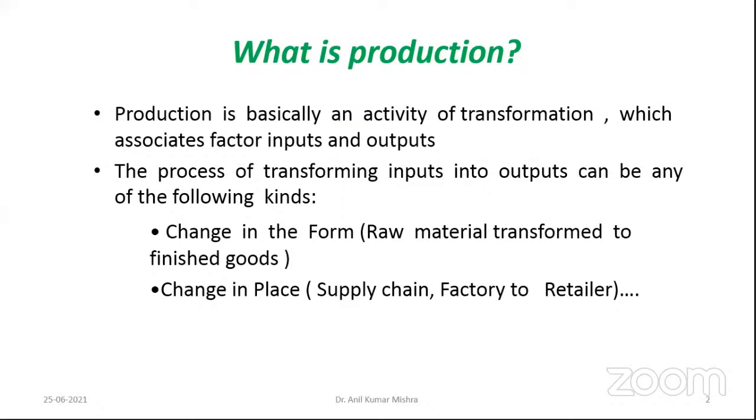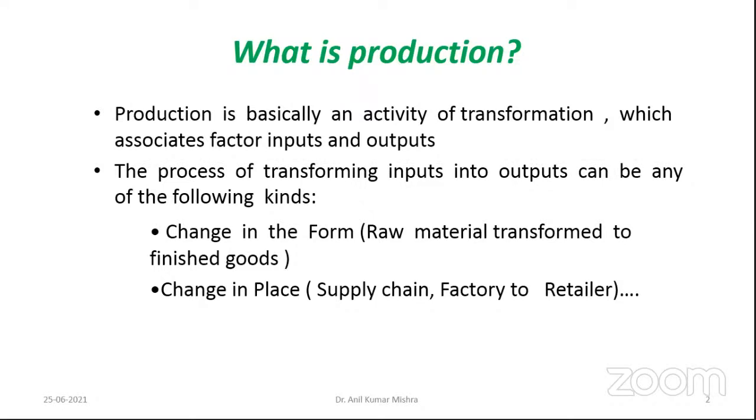So production can be considered in both terms: production of goods as well as production of services. For services, you can take the case of financial institutions, any sort of banking institution. There are production zones there too, because they provide different types of services to you, like opening different varieties of accounts, creation of a DD, and so on.